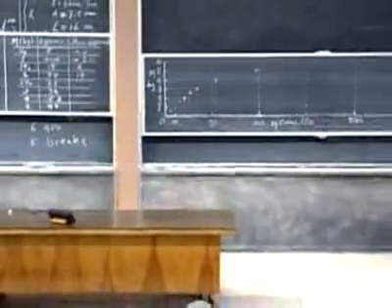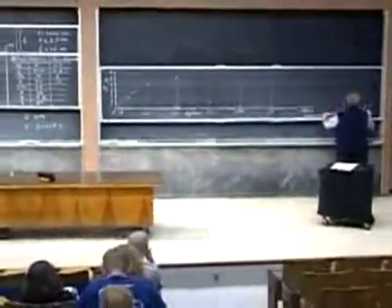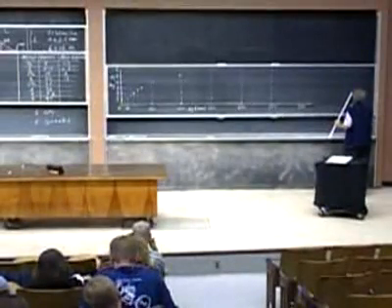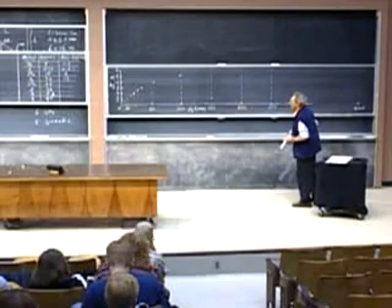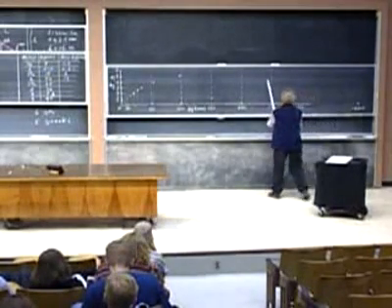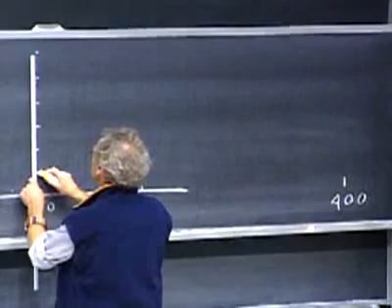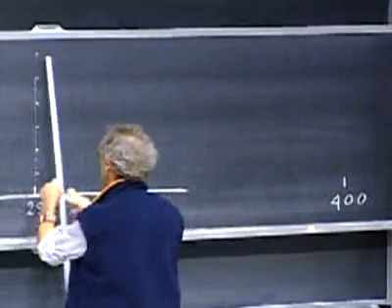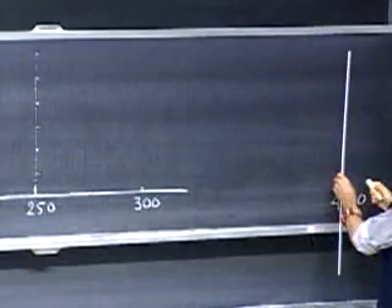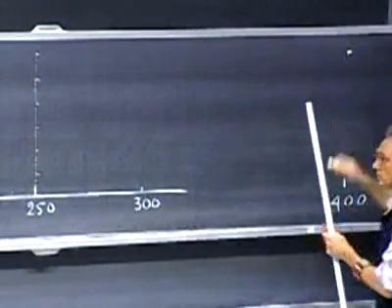Ooh, that's great. Here is 400. And what do we have there? A 6. 1, 2, 3, 4, 5, 6. That's our last point.